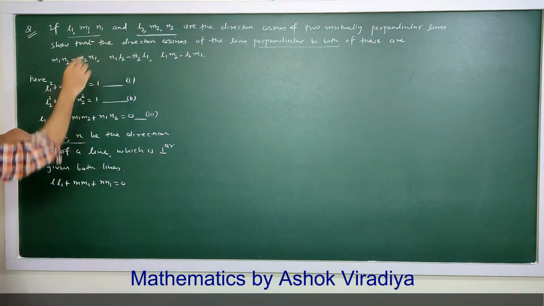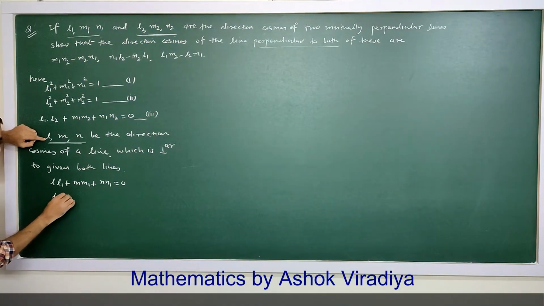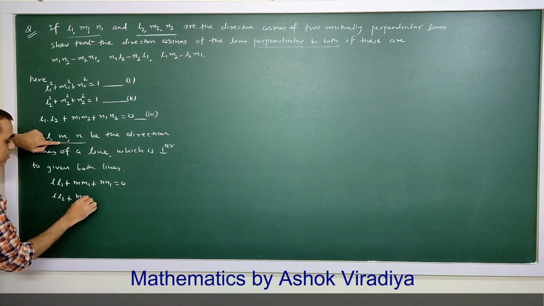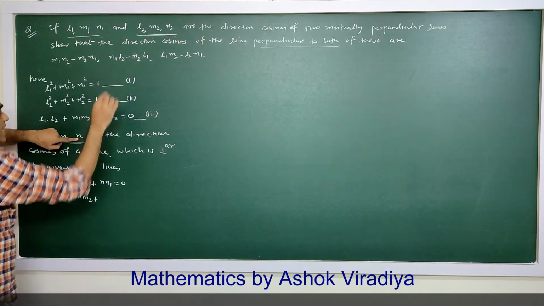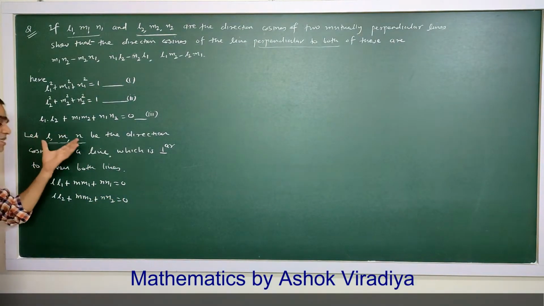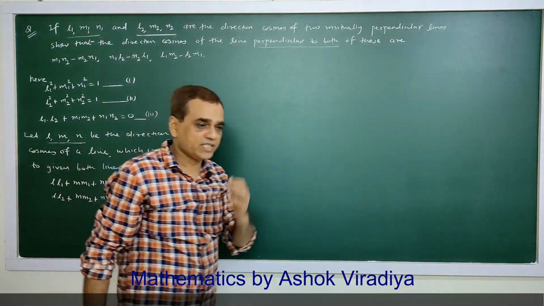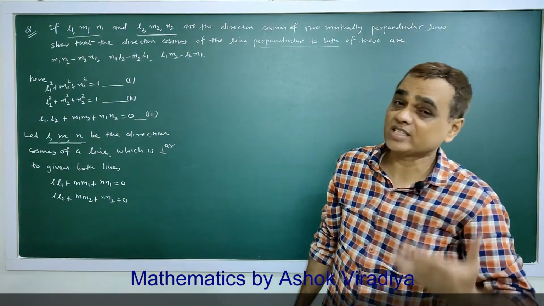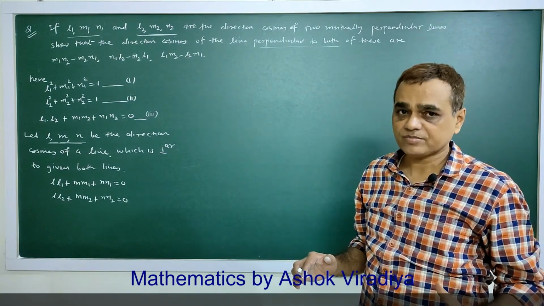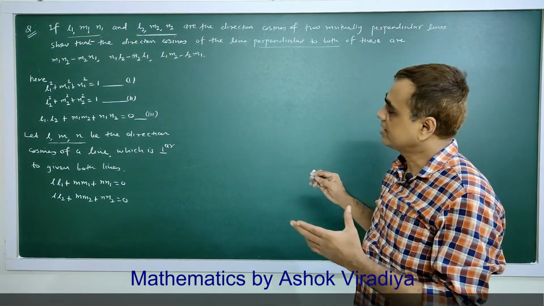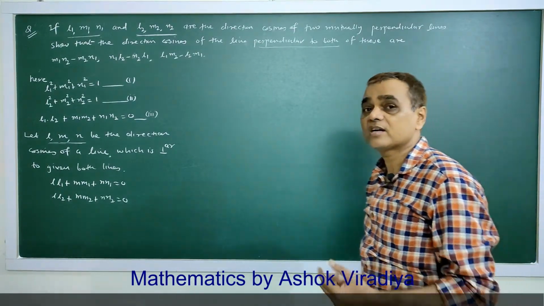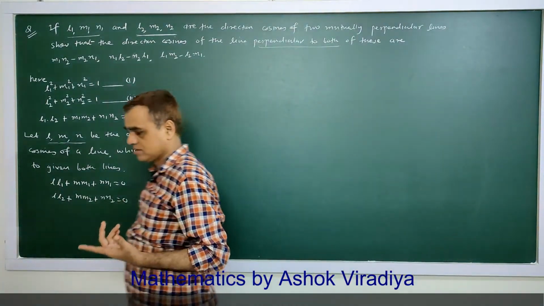So L into L2 plus M into M2 plus N into N2 equal to 0. These numbers are direction cosines. So if direction cosines or direction ratios are given, then the sum of products is 0 if the lines are perpendicular.